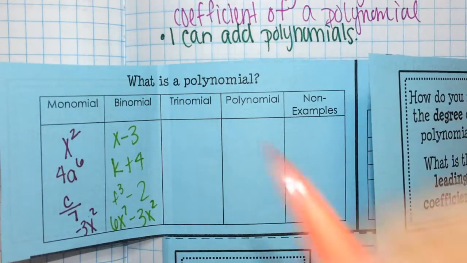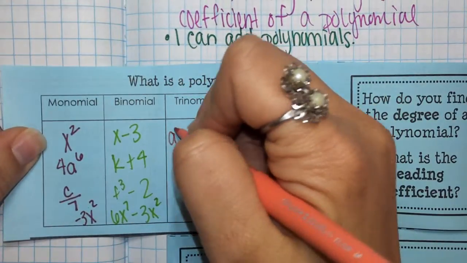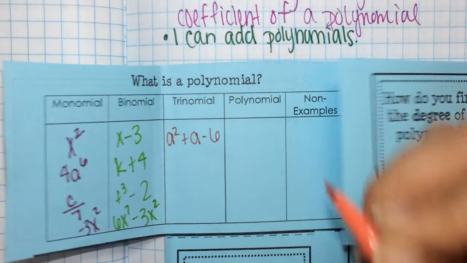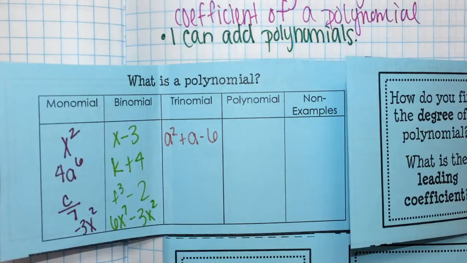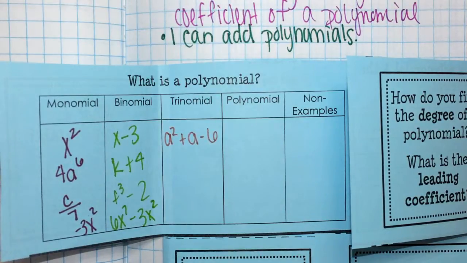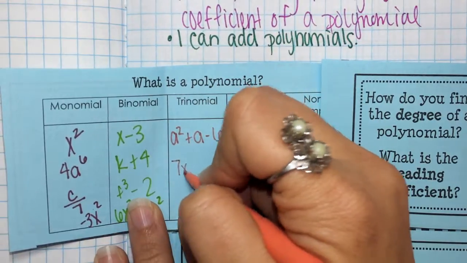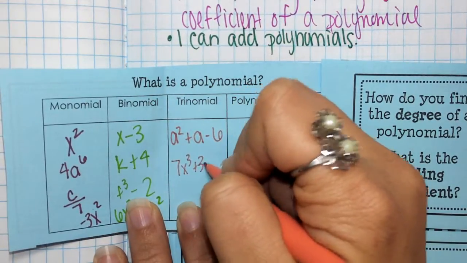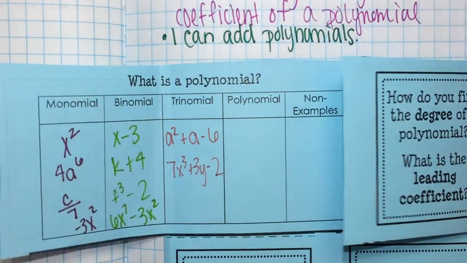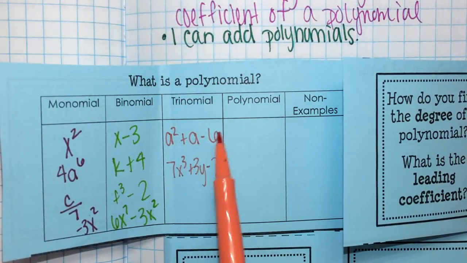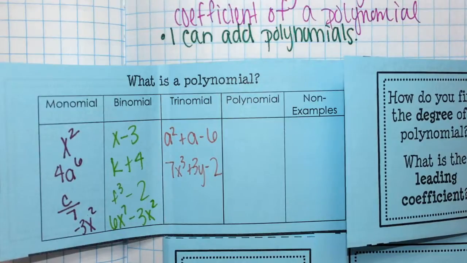So it could be like a squared plus a minus 6. Those are all different terms, so that makes it a trinomial. You could also say 7x cubed plus 3y minus 2. Those are 3 terms because terms are separated by a plus or minus sign. So we have 1, 2, 3. Can anybody come up with another one?